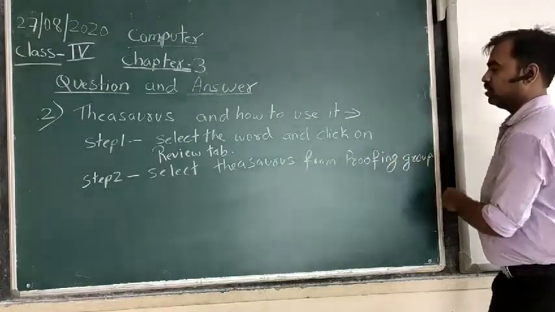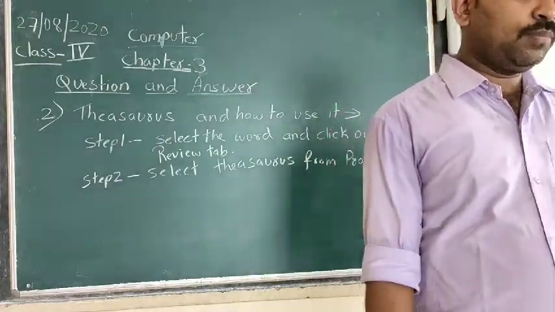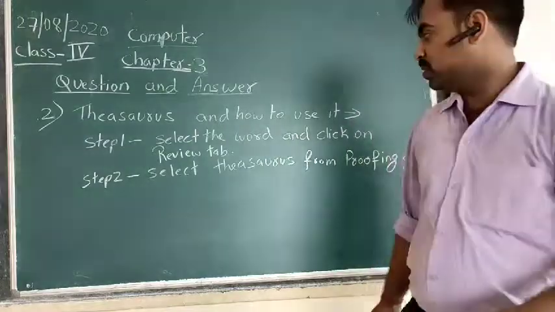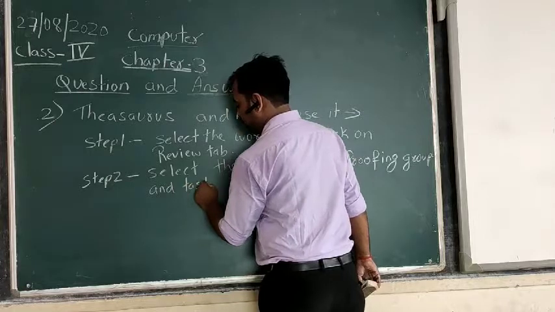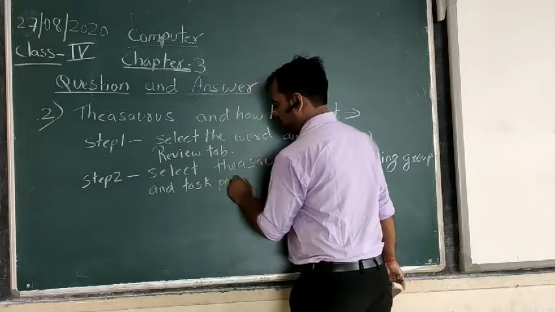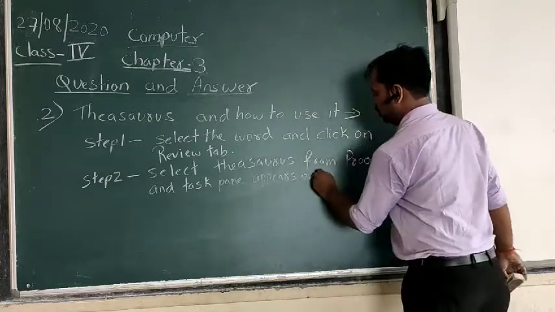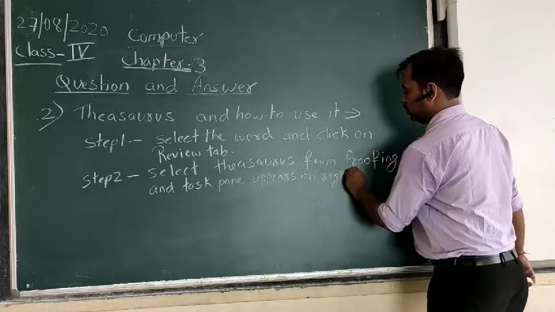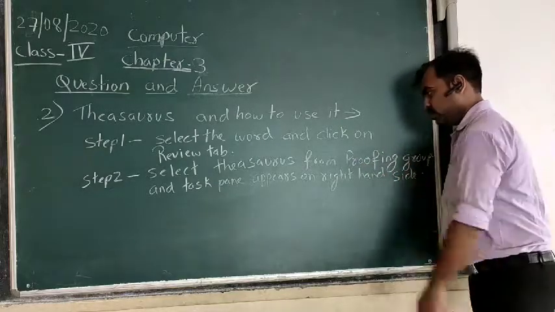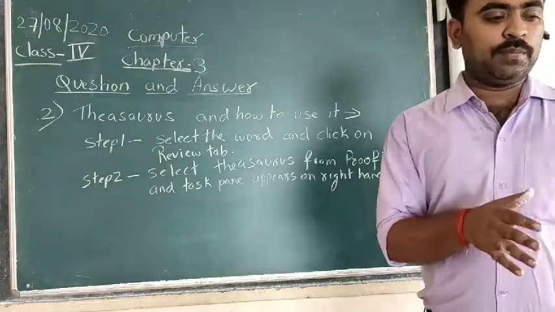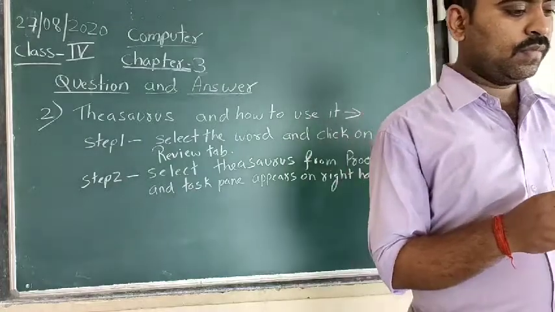Okay, select the thesaurus from the proofing group, and then the thesaurus task pane appears on the right hand side. The thesaurus task pane will appear on the right hand side.